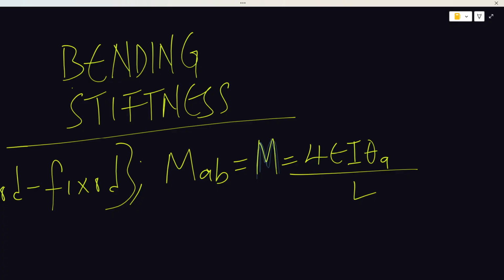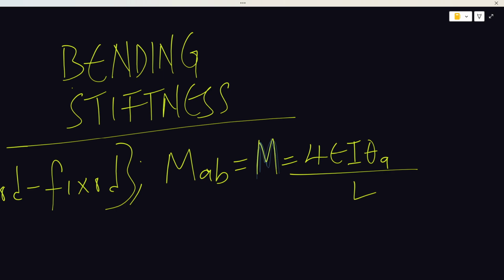So leaving that aside, building upon that knowledge, let me now introduce the concept of bending stiffness. Once again, bending stiffness is saying: how much applied moment can I apply in order to cause a unit rotation? That is simply bending stiffness. And what is a unit rotation? A unit rotation is setting your rotation to 1.